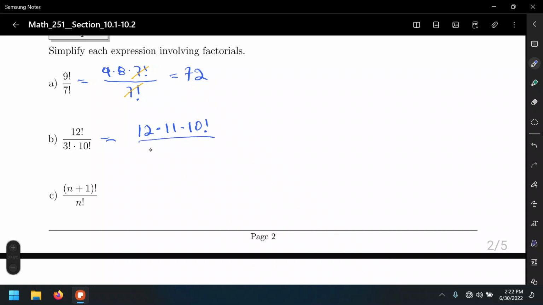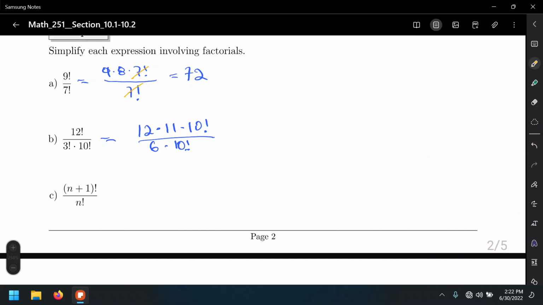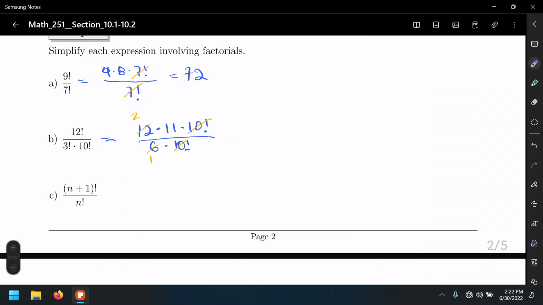And this 3 factorial, we can call it a 6 already. Cancel the 10 factorials, and we can divide out the 12 with the 6. That's a 2, that's a 1. We would be left with 2 times 11, which equals 22. Okay?